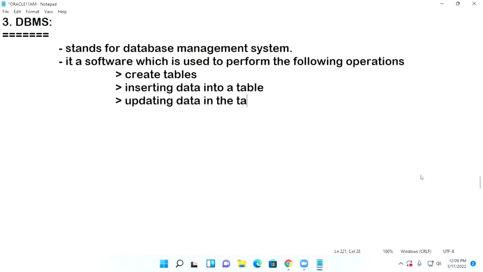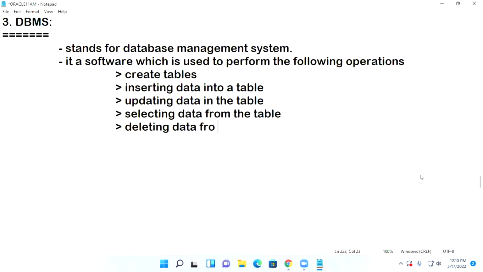Next is selecting data from the table. Next is deleting data from the table.